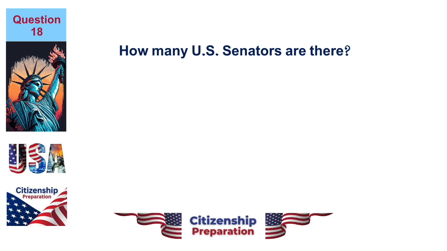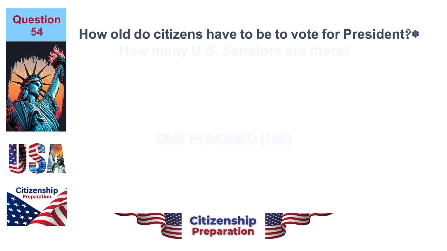How many U.S. senators are there? 100. How old do citizens have to be to vote for president? 18 and older.